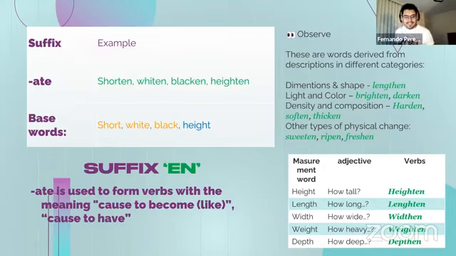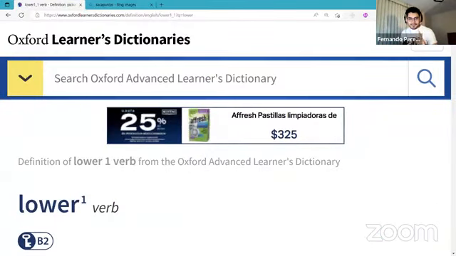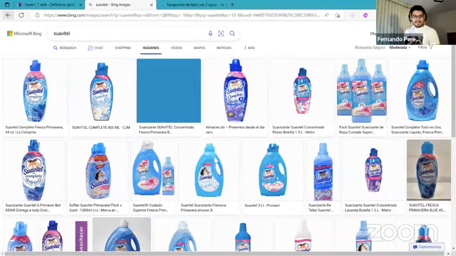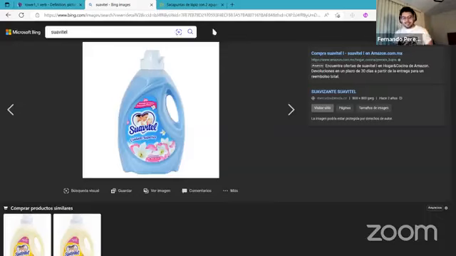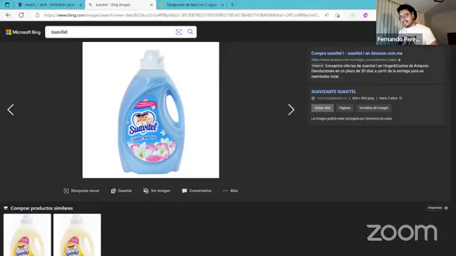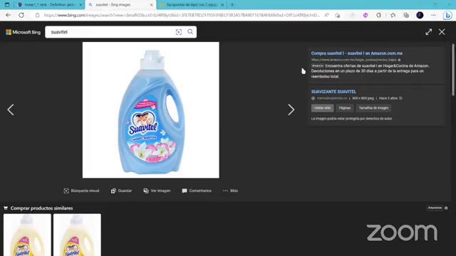That's it. Excellent. How would you call this in English? If you go to the United States, you need to wash. How do you find this? Softy? Soften is a verb. Softener, right?